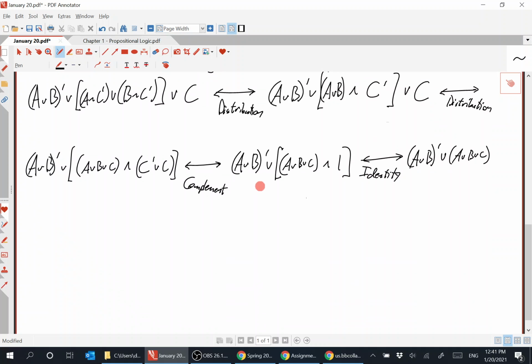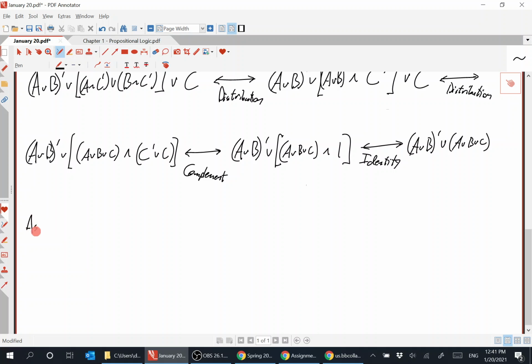So now I'm going to use associativity. This is all just disjunction.